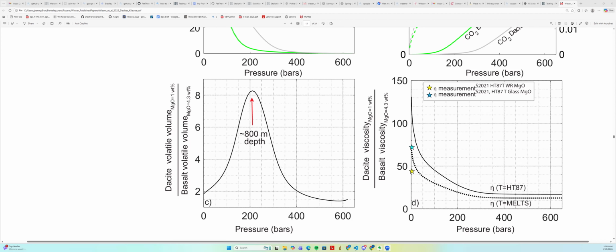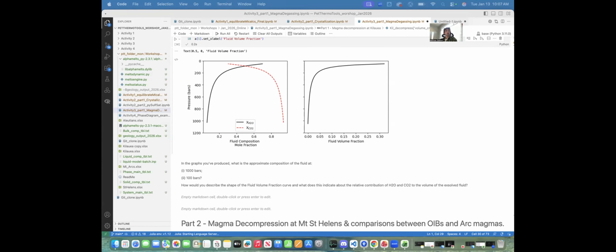So there's a rapid rise, especially as the onset of water really contributing significantly to that fluid composition. Around that same point is when we start to see this really rapid rise in the fluid volume fraction in the system. I'm seeing loads of people posting their answers, so I'm going to continue moving on.